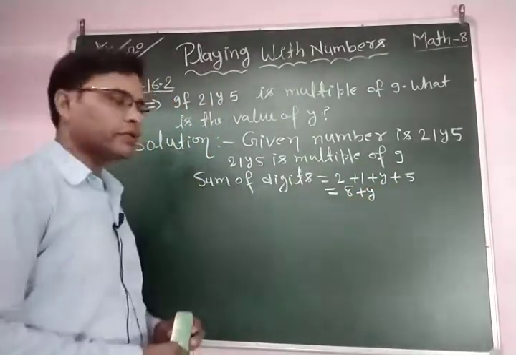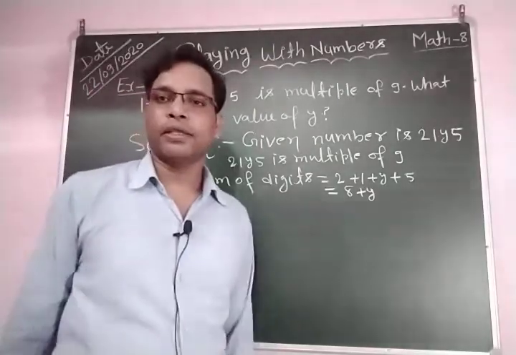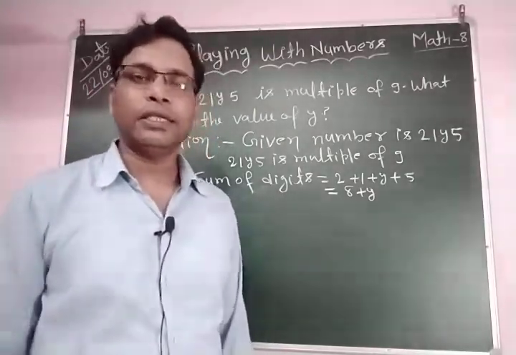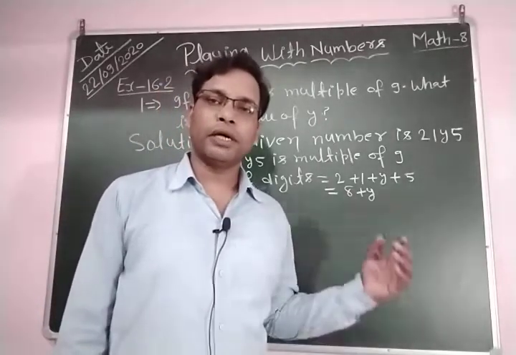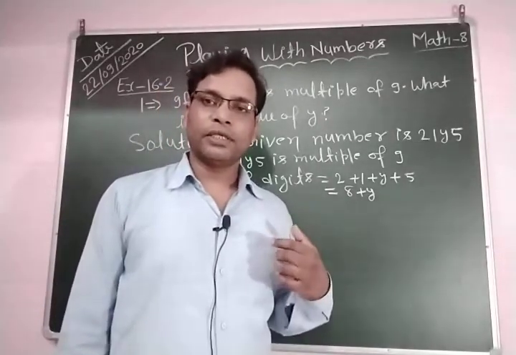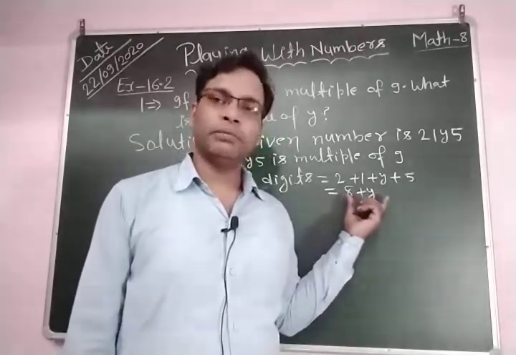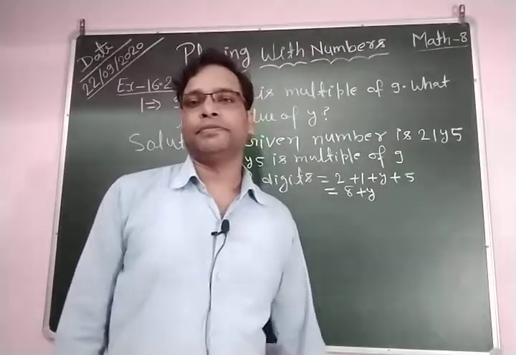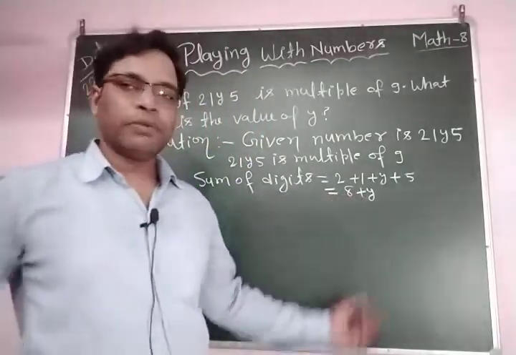Here you can see, a number is divisible by 9 if the sum of its digits is divisible by 9. Here the sum of digits of the number is 8 plus y. So what is the possible value?